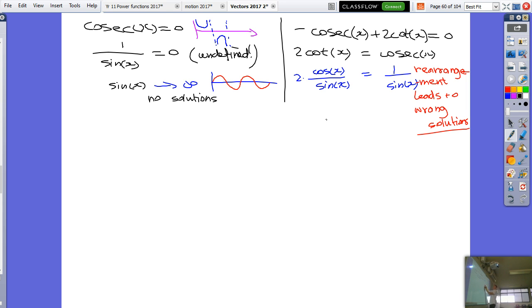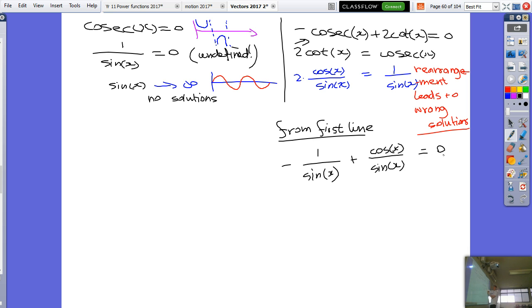So keeping it in the first line, then we can see the cosec is a 1 on sine x plus, and the cot is a cos of x on sine x.